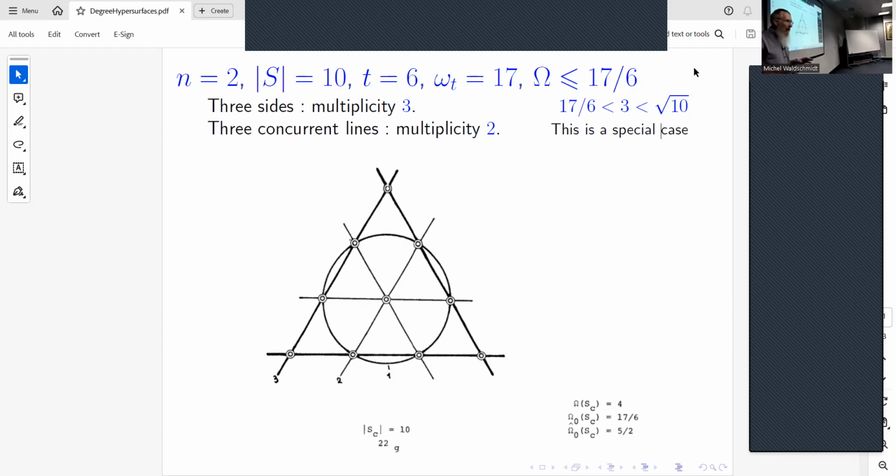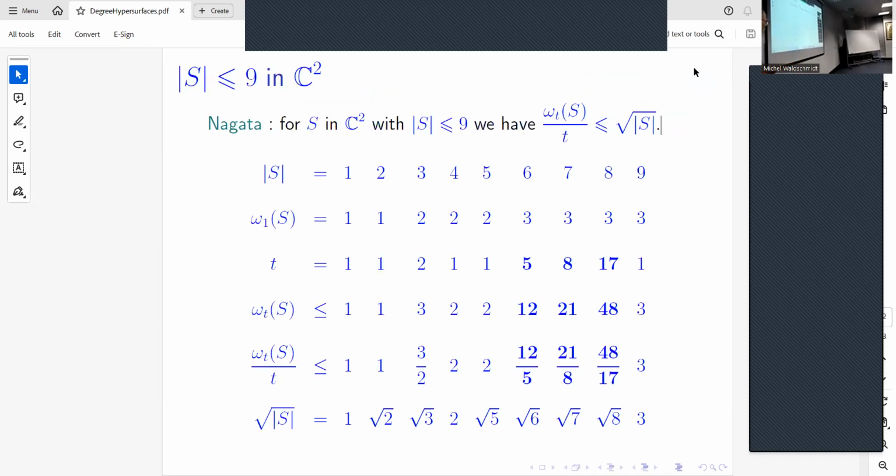But we have to prove that there are some sets for which this does not occur, and these sets are called generic, the ones for which we don't have the maximum. So this is the picture which I explained, and you see that the smaller values that we find for omega T over T are the values which are good.